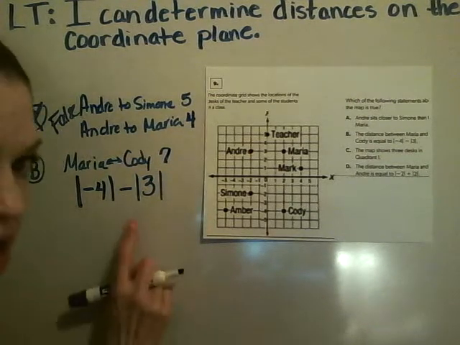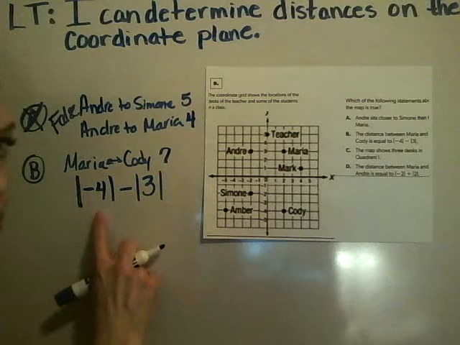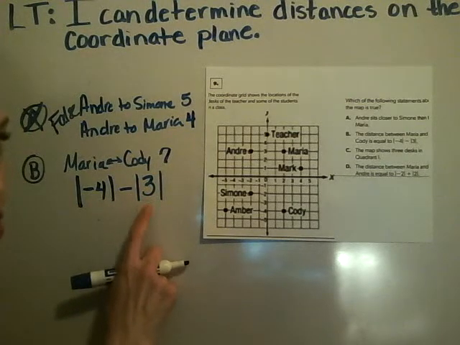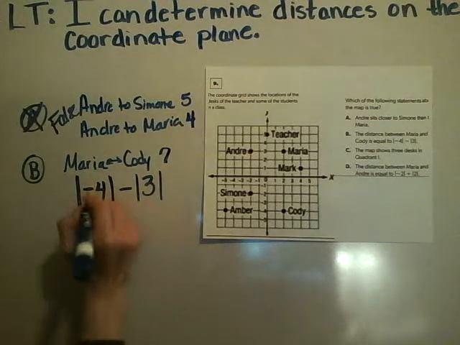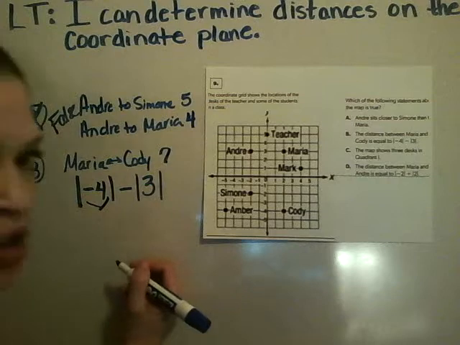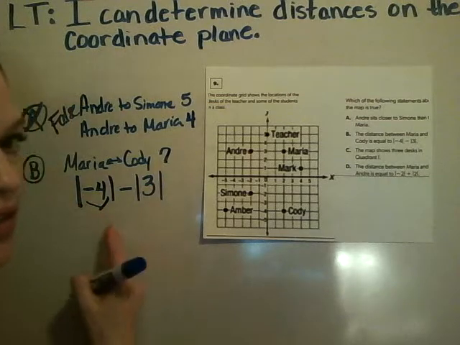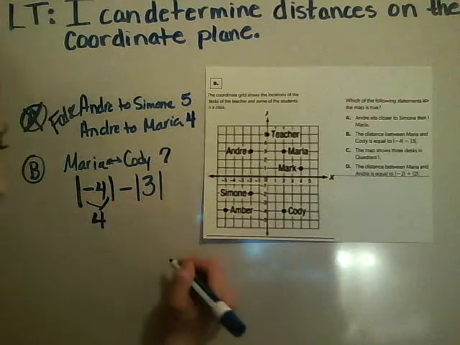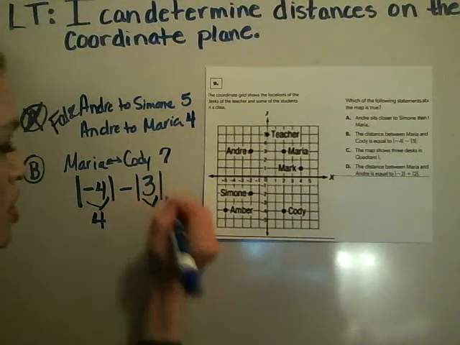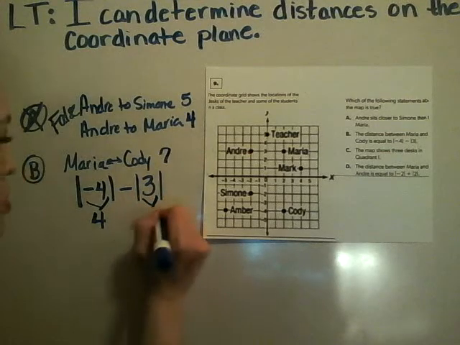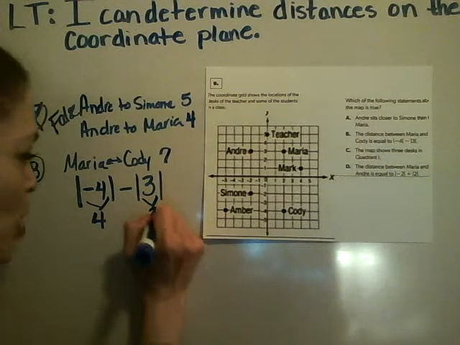Well, before you can answer that question, you have to solve what's inside the absolute value bars first. We have to treat this like an expression. So, what's the absolute value of -4? That means what is the distance of -4 away from 0? It is 4 spaces. What's the distance of +3 away from 0? 3 spaces.